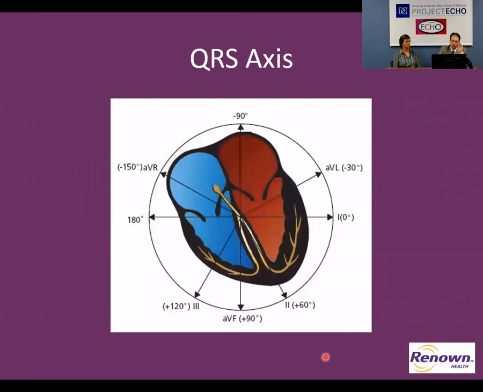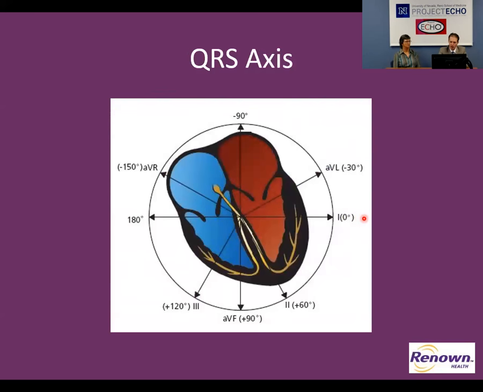And then, so rate, rhythm, axis, QRS axis. This diagram comes out of the book by Thayer, which is a good, easy reference. You can see the vectors of your leads.